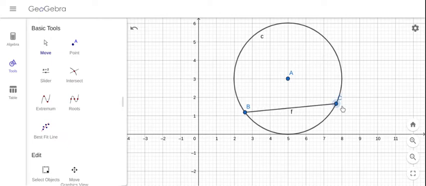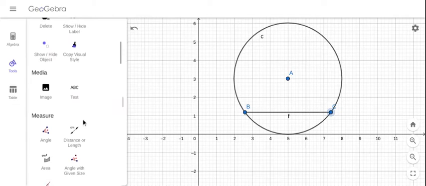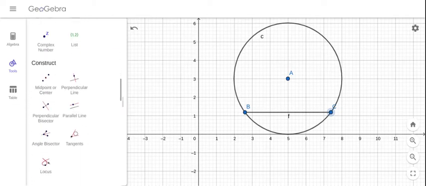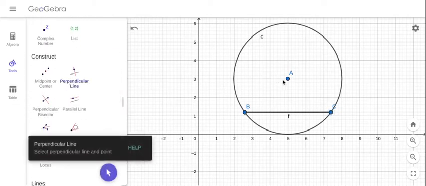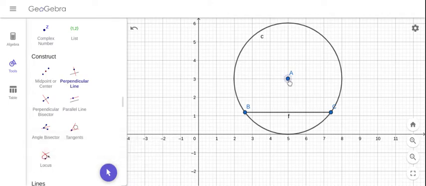That is the first property. Now let's see what happens to the distance between the chord and the center when we are making larger or smaller chords. So for that, let's quickly divide our chord with a perpendicular line, because that will give us a proper idea of the distance.